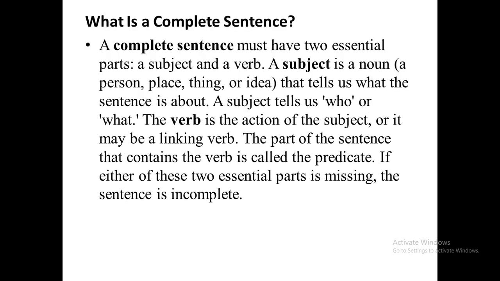Now we have to look at what a complete sentence is, because we are going to discuss incomplete sentences and complete sentences. Basically, there is a difference between these two.